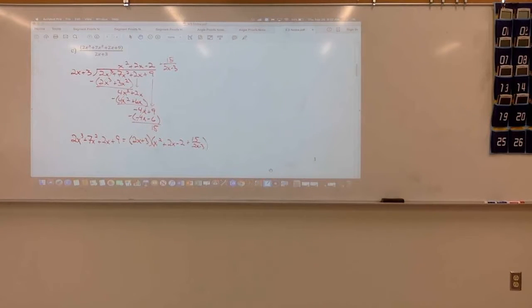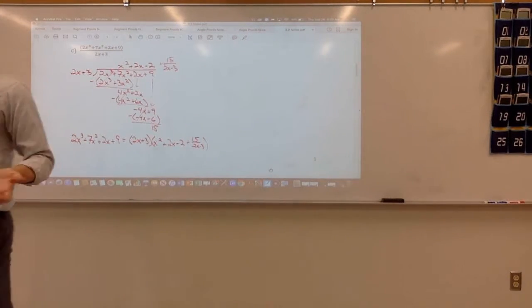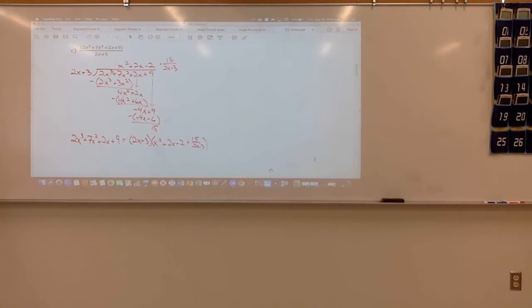There's an x to the fourth, an x cubed, and then x. Minus 0x cubed, or is it plus? It doesn't matter. Wait, should I subtract or add 0? Doesn't matter. Alright, for C, did we get something like this? Yes.